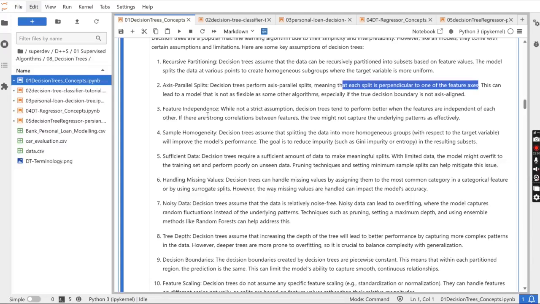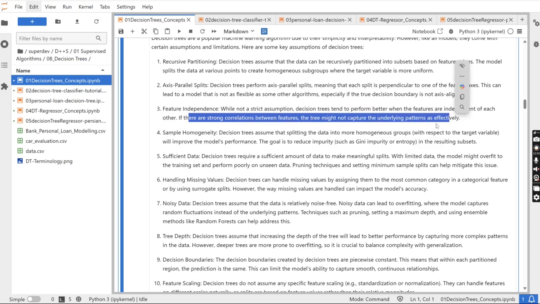Third one is feature independence. While this is not a strict assumption, we still expect there should not be any strong correlations between the features. If there are strong correlations, trees may not capture the underlying patterns as effectively. So that is another assumption, although not a strict one.